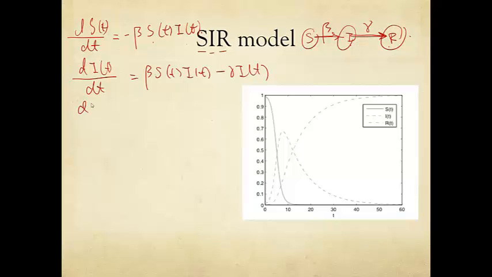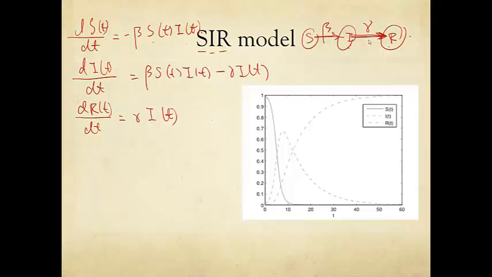And the recovered population's rate of change over time is simply gamma times the infected population at time t that's coming in. Now you can try to solve this trio of differential equations.